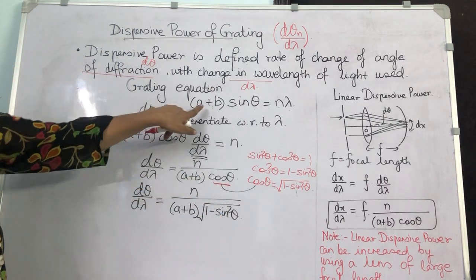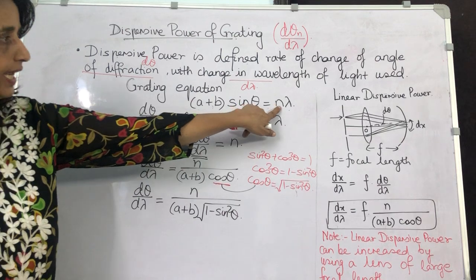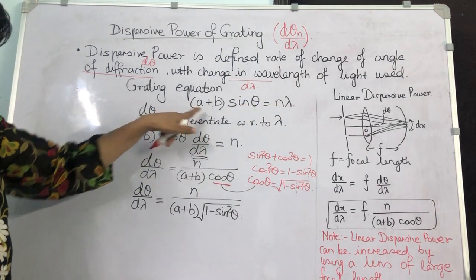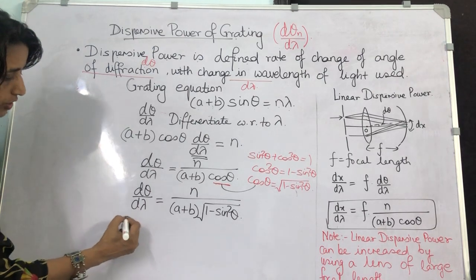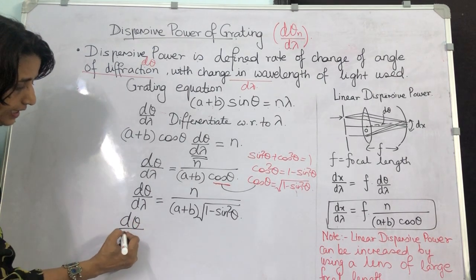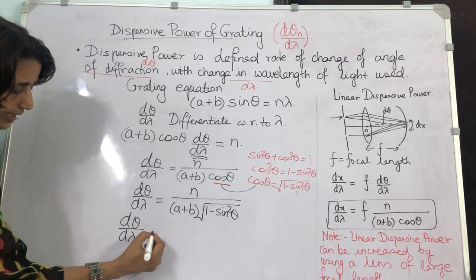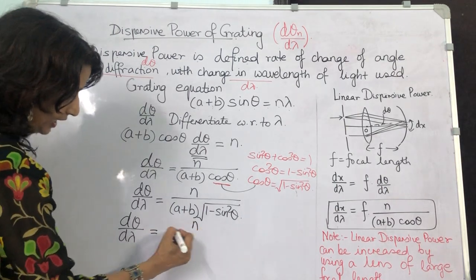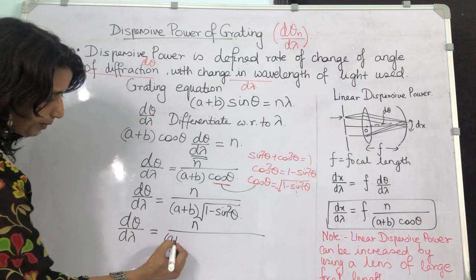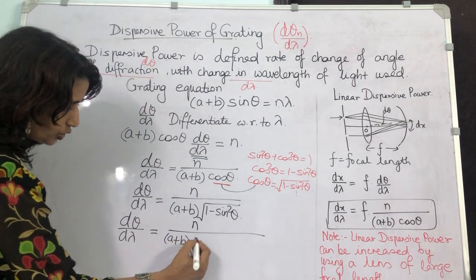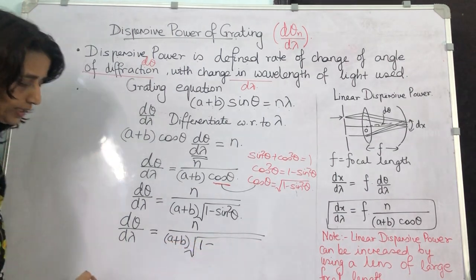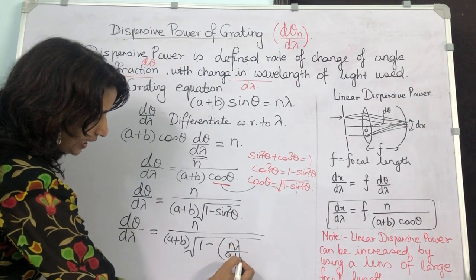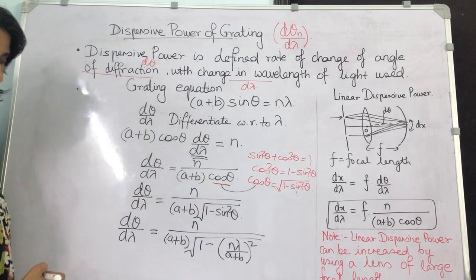Sine square theta from here is n square lambda square upon (a plus b) whole square. So d theta by d lambda, that is dispersive power, is equal to n upon (a plus b) into under root 1 minus (n lambda upon (a plus b)) whole square, right?